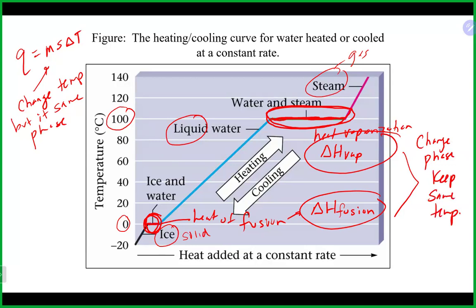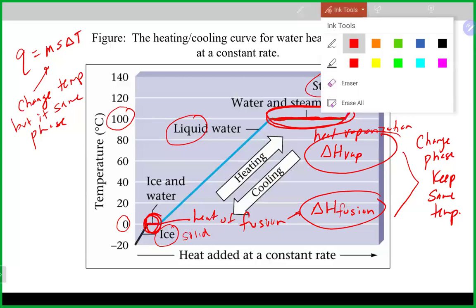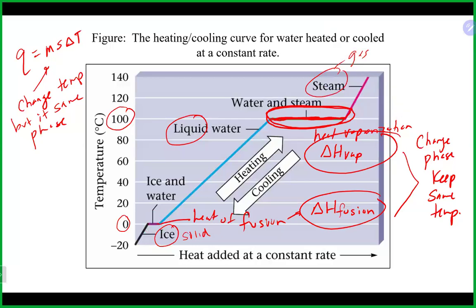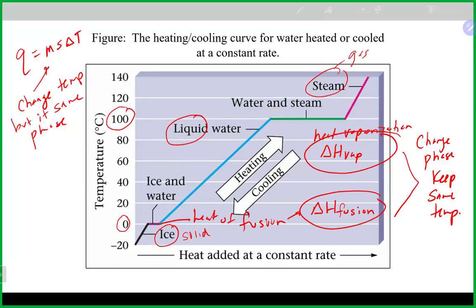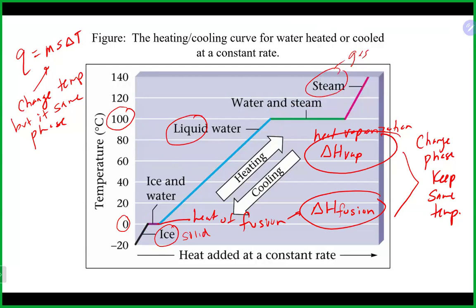So if you were to look at this graph and figure out where to use certain things, anywhere on this graph that you are changing temperature, that's anywhere where the line is going up or down. Those are all situations where you are changing the temperature, but things are in the same phase. That is when you would use your specific heat equation.